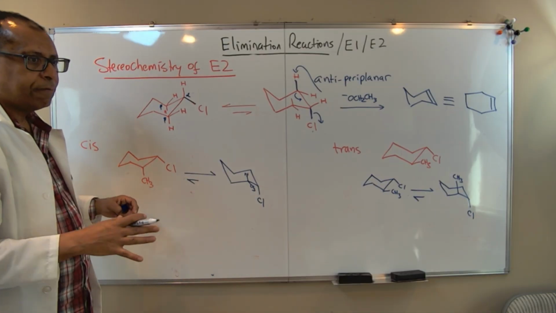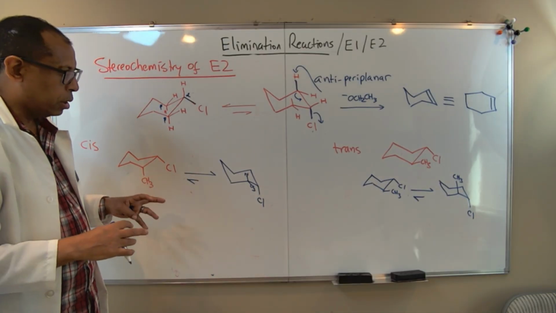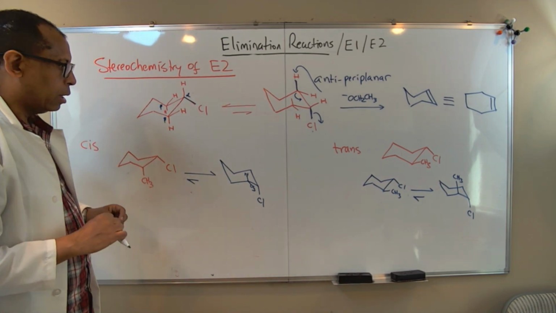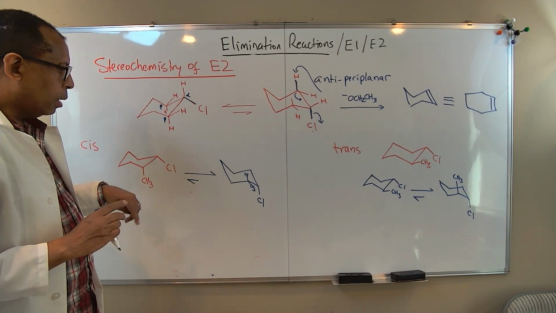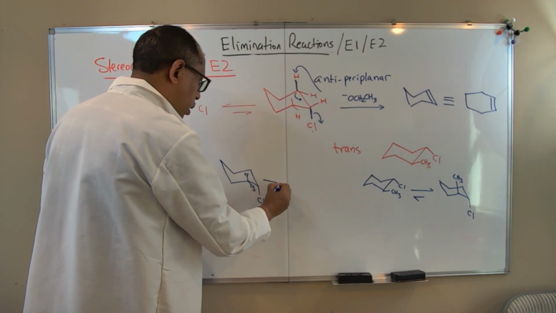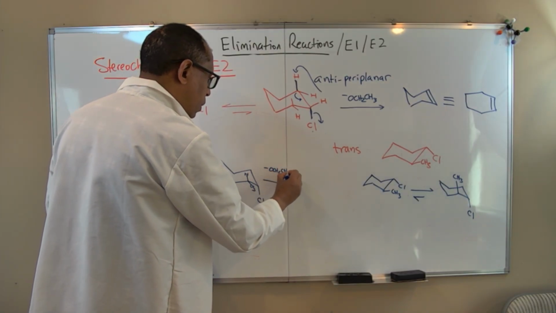You need to have the halide or the leaving group in the axial position when you use cyclohexanes. Now, if you use a base for elimination, an E2 reaction, let's use OCH2CH3.